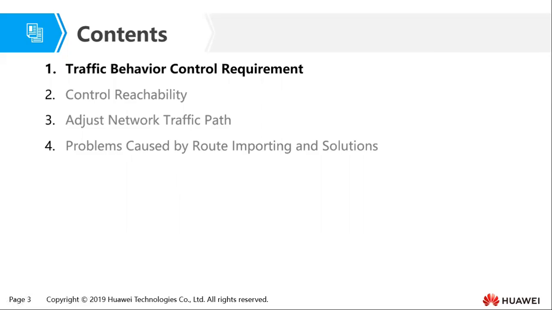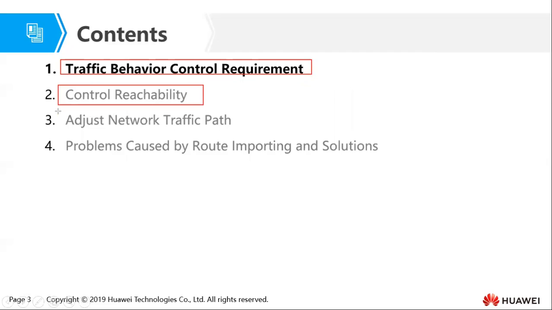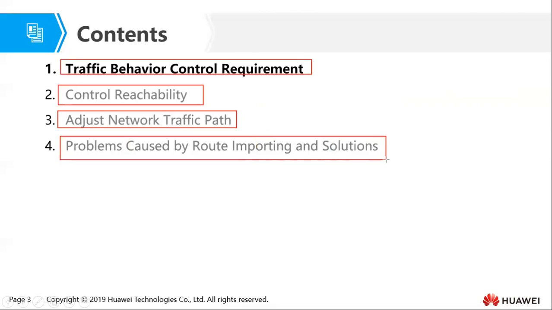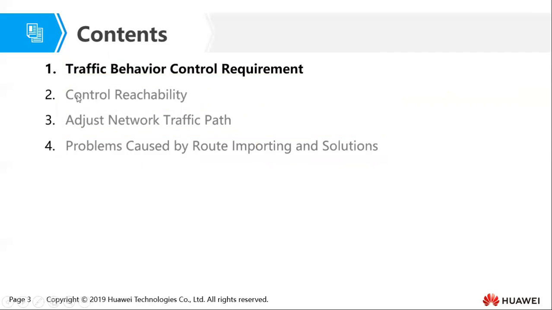So we want to begin with the traffic behavior control requirements. Then later on, we're going to look at how to control reachability, how to adjust the network traffic path, and also we're going to look at problems that might result from doing route import and solutions in our network.